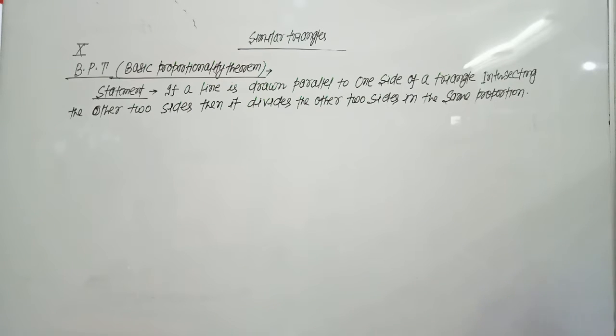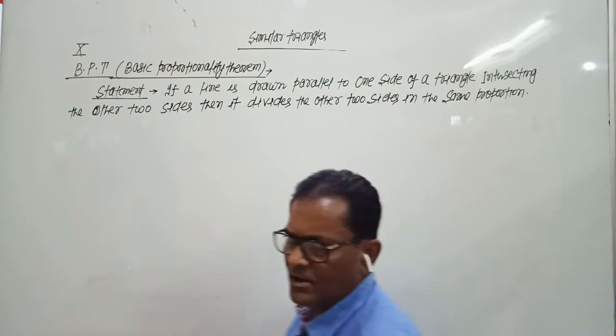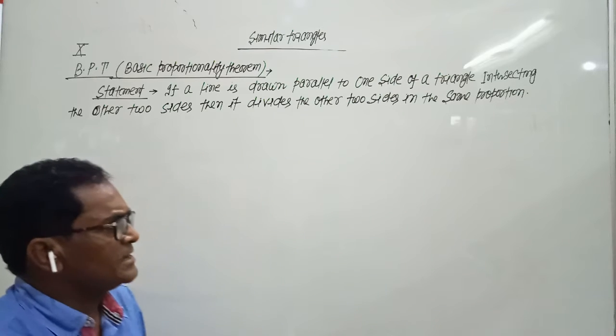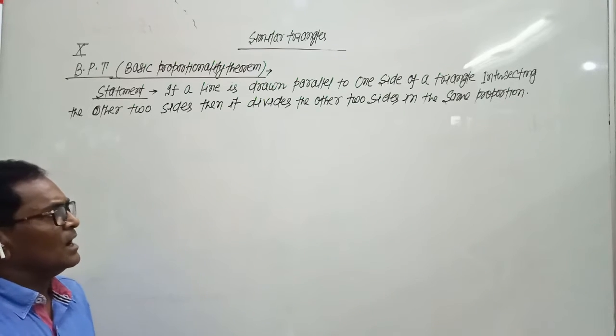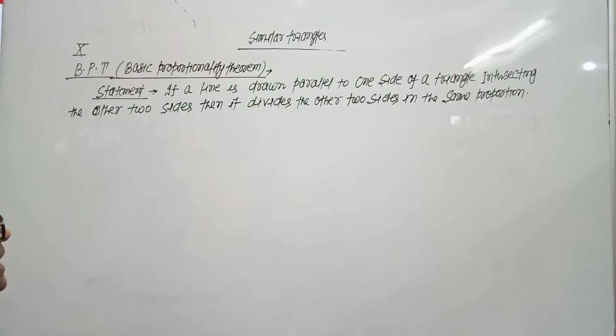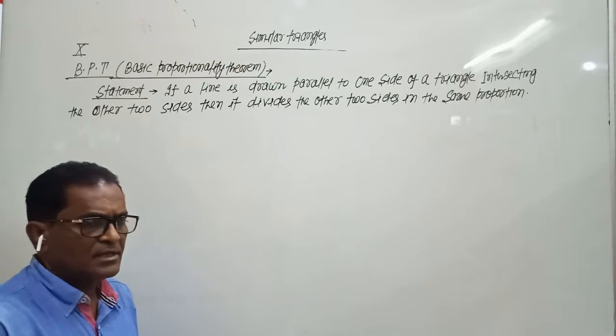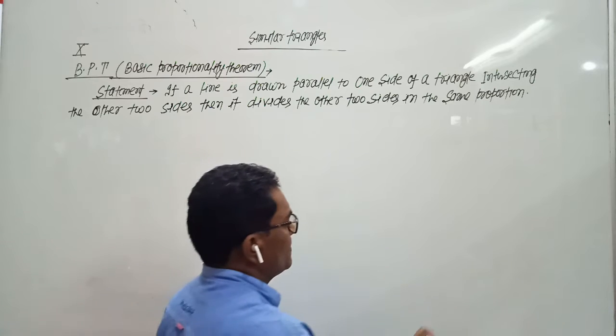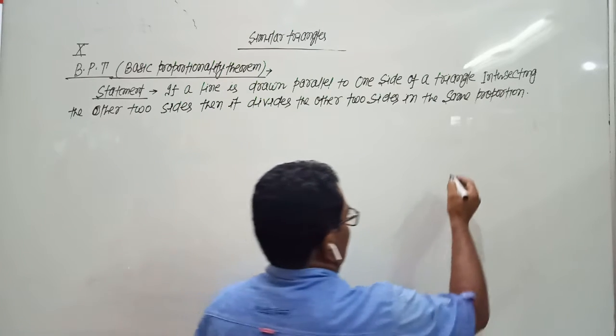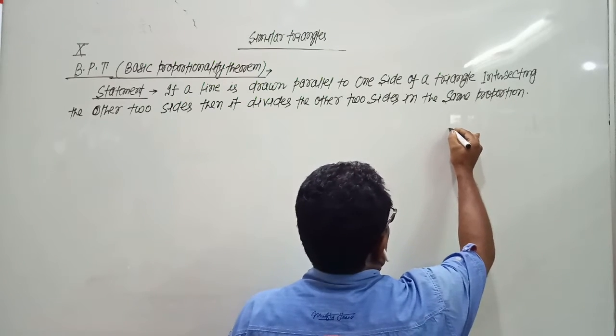If a line is drawn parallel to one side of a triangle intersecting other two sides, then it divides the other two sides in the same ratio. Then we draw the diagram.